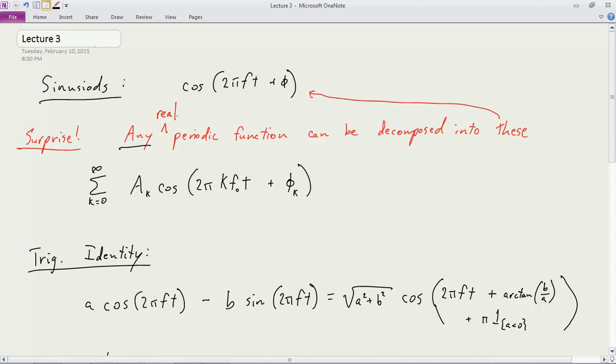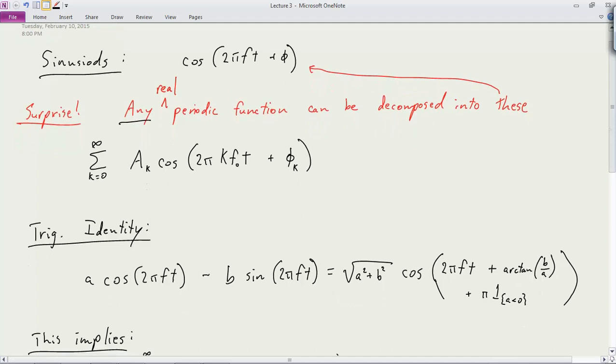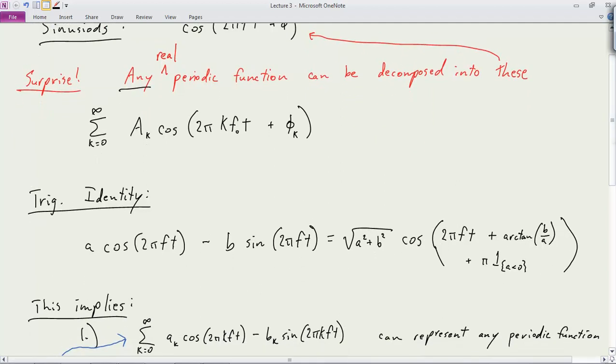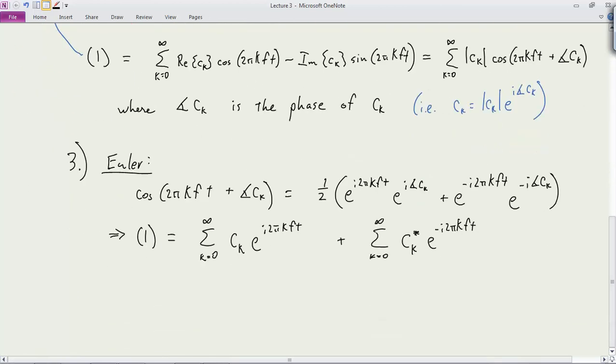Of course, you may be wondering, why would we want to deal with anything that's not real, right? Our measurements are real, sound files are real numbers. In real life, we have real numbers. And for example, why would we want to use Euler's identity and represent a real signal using these functions, which are not real?